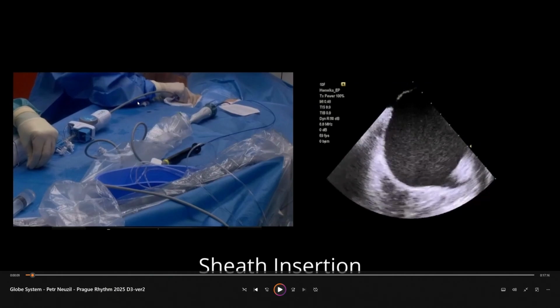Even though the ID is 12, it is 16 French OD, and it inserts really nicely when you have prepped it. This backward system protects you by allowing you to aspirate air from the sheath, and this knob helps to angulate. We have one deflection on the sheath. Okay, I will try to run again.